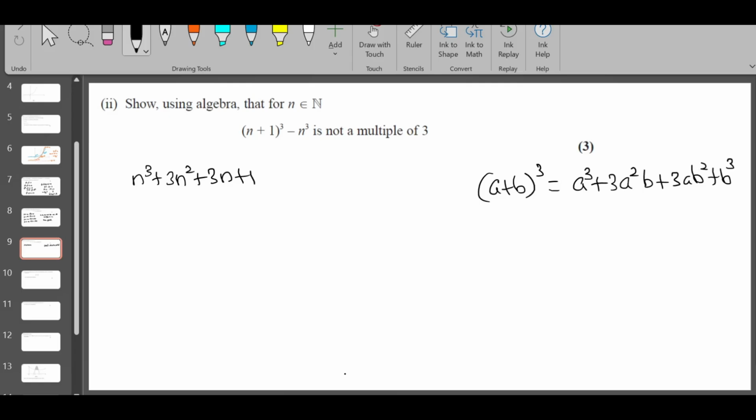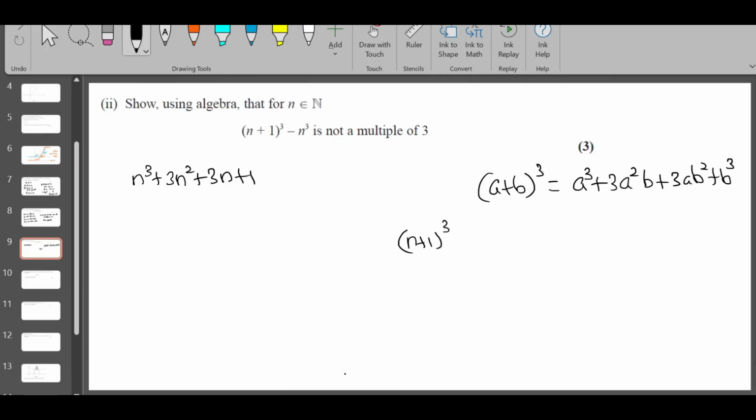Let's say you don't know this identity, you haven't memorized it. You know the identity for a plus b whole square or a minus b whole square, right? We don't usually memorize this, right? So you can do one more thing. You can write it 3 times and open the brackets, or apply binomial expansion.